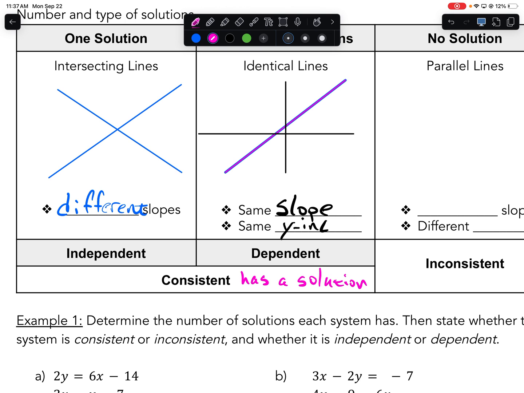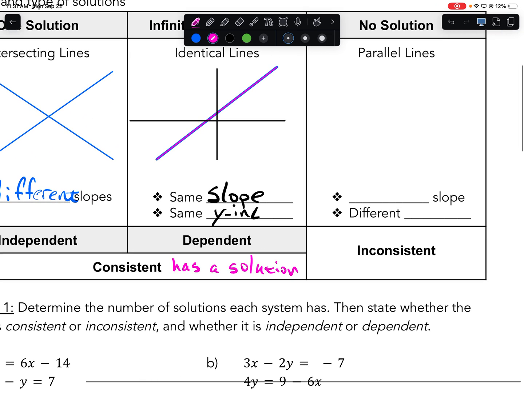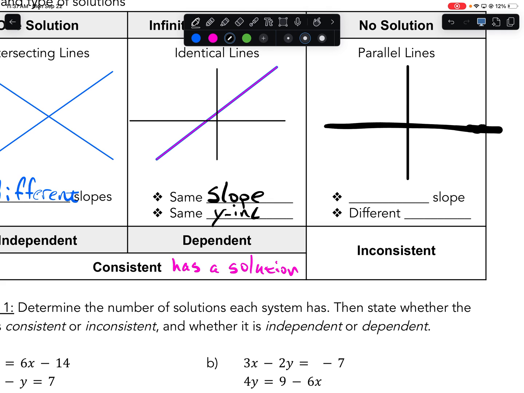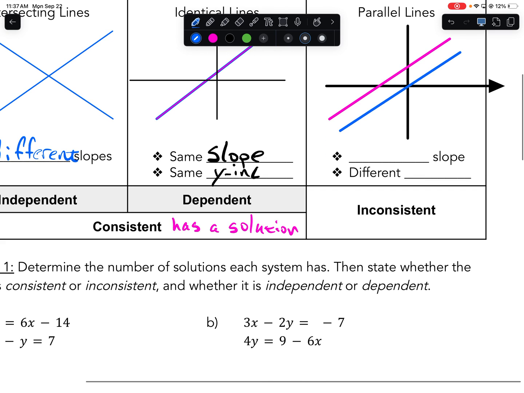So you could draw yourself 2 parallel lines because that's about what I'm about to do. So you can draw a little coordinate plane. Oops, I made an arrow by accident. That's okay. Then we have parallel lines. Parallel lines, how could you describe their slope? Same. What's different?